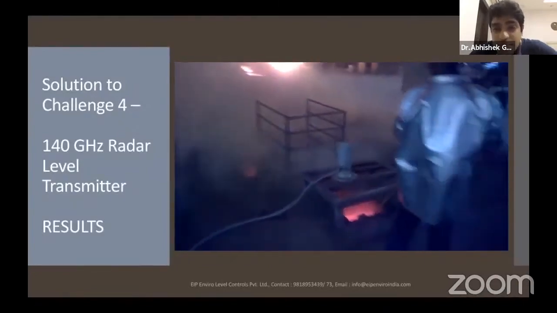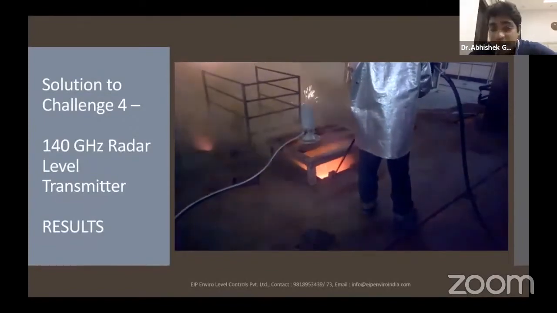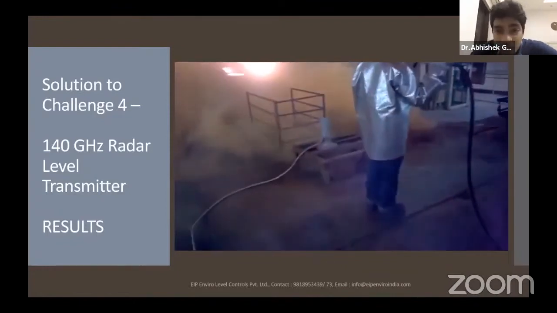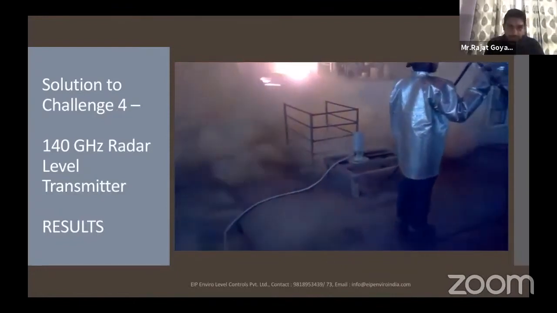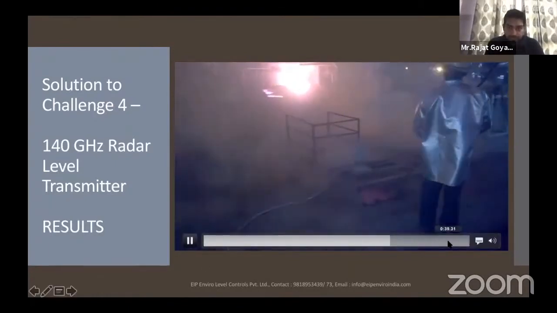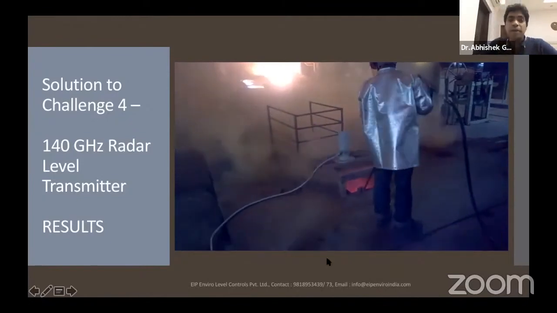This is basically molten metal being poured inside a vessel, and you can imagine if something is working in such a stringent environment, it is supposed to work in a buffer hopper. So this was a small video to show that this 140 gigahertz radar level transmitter is the most optimal device to be installed for buffer hopper level measurement.